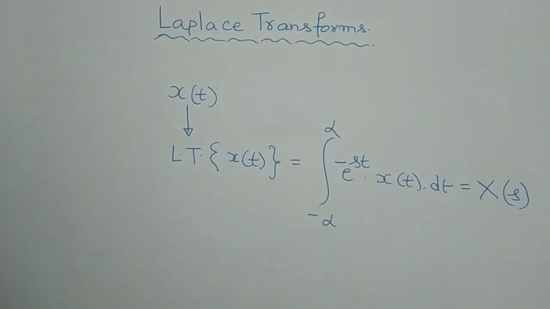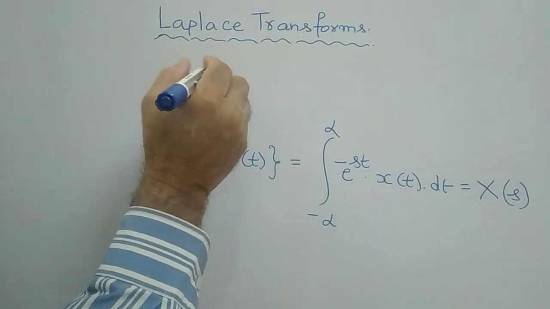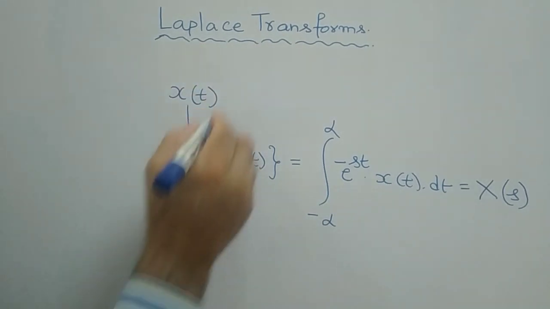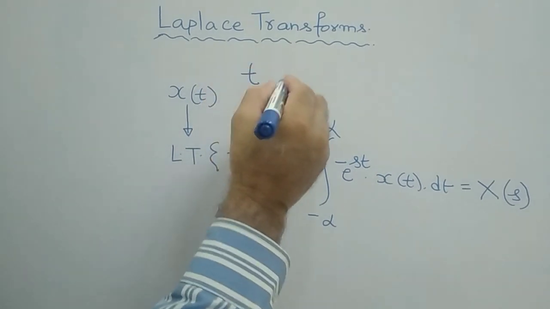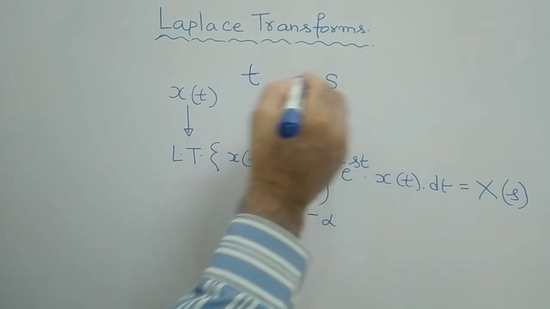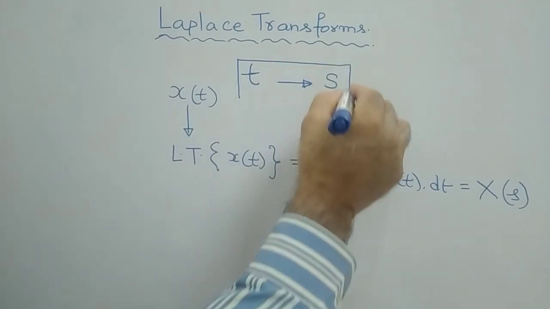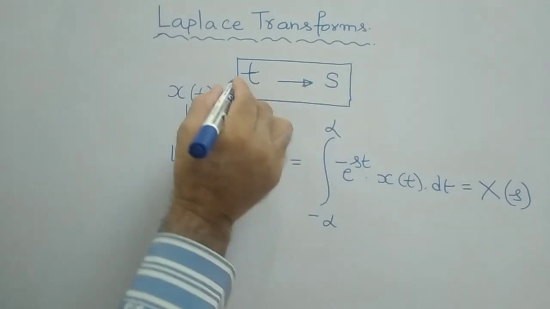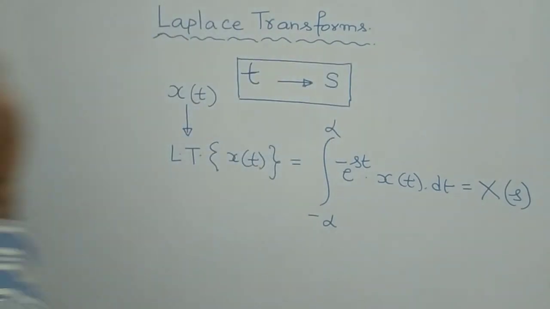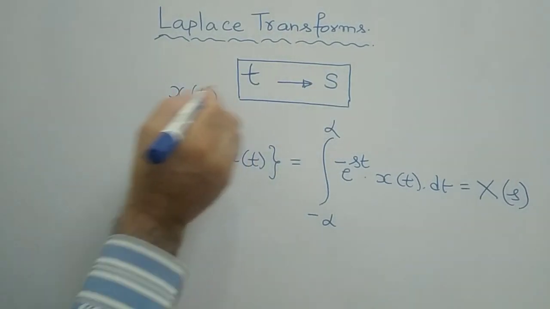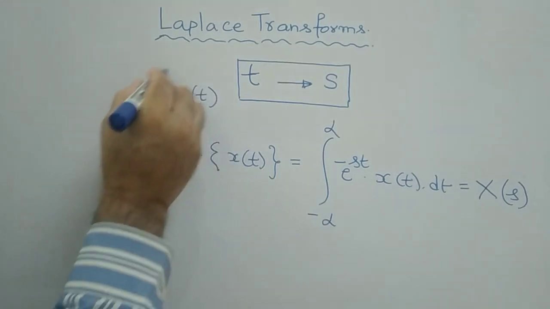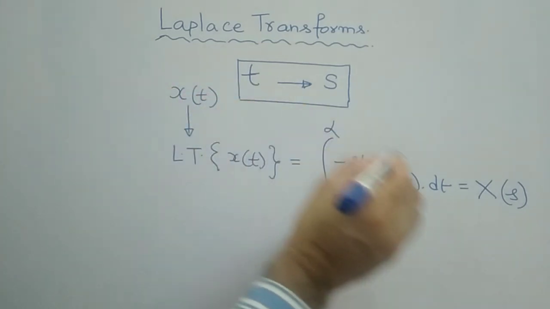So in the Laplace transformation you need to remember that the time domain function is converted to s domain. That means your x of t is the time domain function or time domain signal, and we need to transform this x of t to X of s.